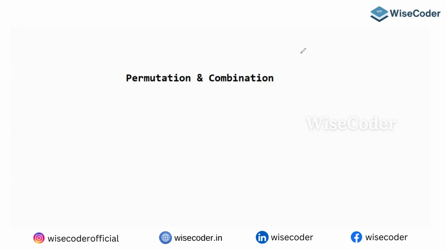So the number of ways objects can be selected is 2 power n minus 1. Why minus 1? If nothing is selected, that is also one way of selecting, so that's why I'm subtracting 1.